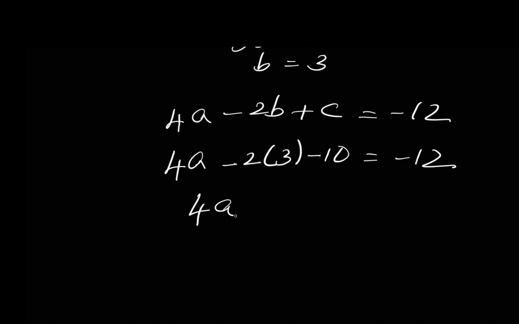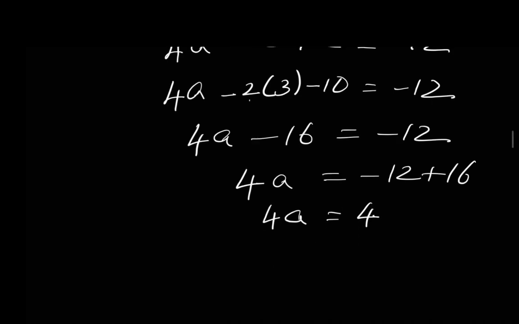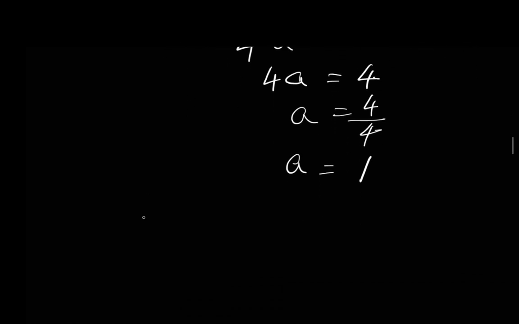So 4A minus 6 minus 10, minus 16 is equal to minus 12. 4A is equal to minus 12 plus 16. 4A is equal to 4. A equal to 4 by 4. So value of A is 1 here. So A is 1, B value is 3 and C value is equal to minus 10.